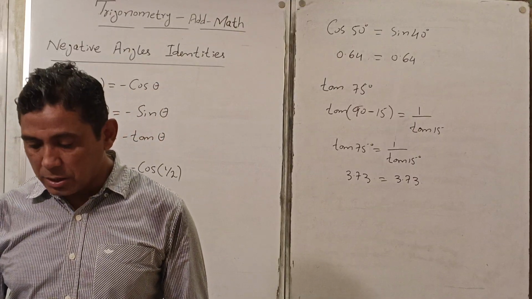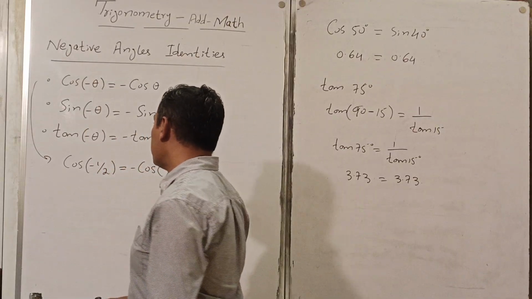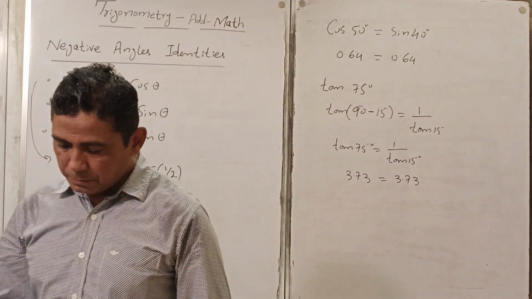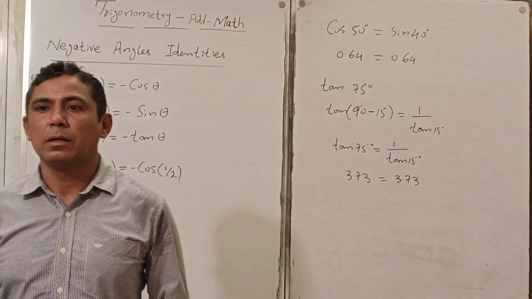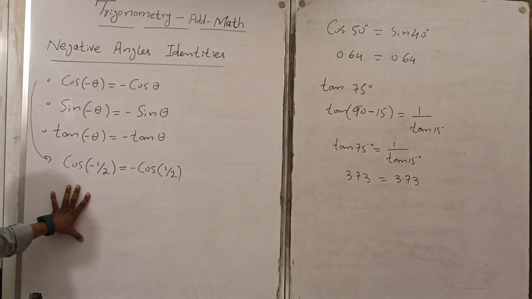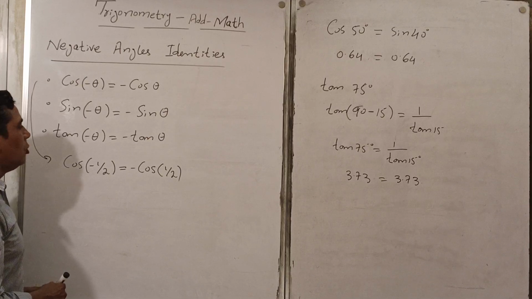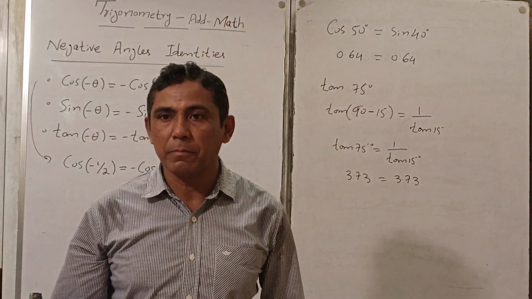Try again. Cos minus 1 over 2 is 0.99, and minus cos 1 over 2 is minus 0.99. Just put the minus sign here.